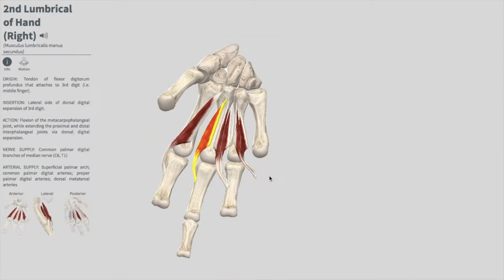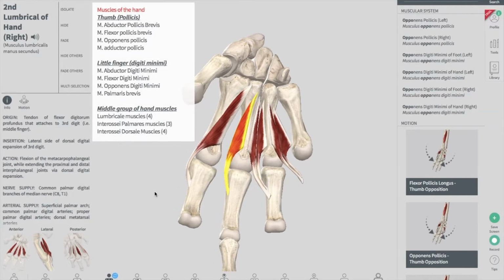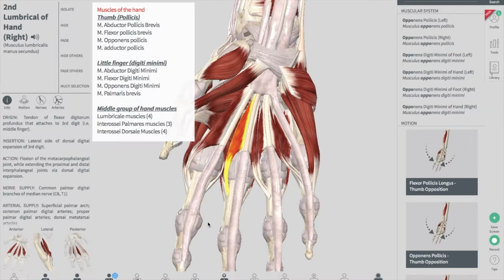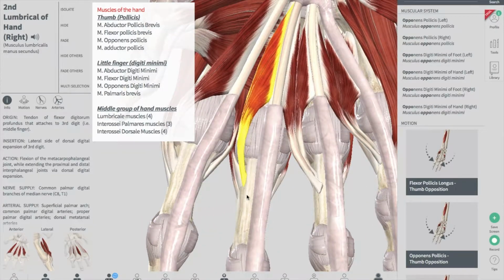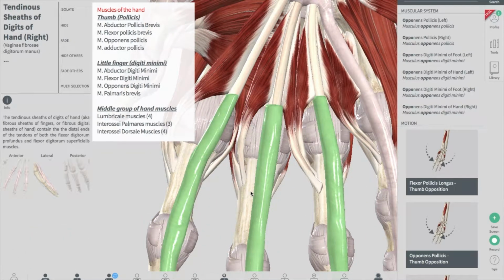You have 4 lumbrical muscles in your hand, and they originate from the flexor digitorum profundus tendons. Remember I talked about a muscle called flexor digitorum profundus. These are the tendons of it. Let's see if I can highlight it from here.